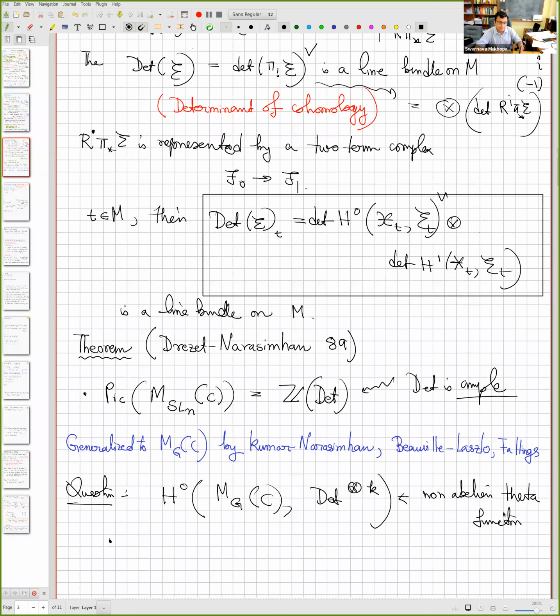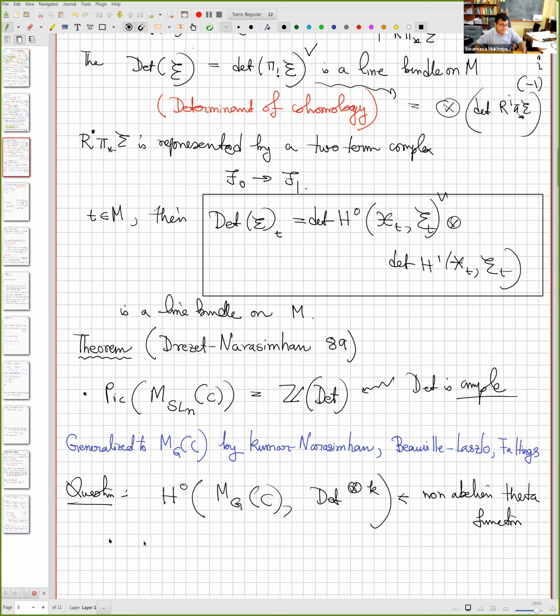Why are they called that? What does it have to do with theta functions? Because if G is C-star, then you just get the Picard group, and you are getting natural sections of line bundles on the Jacobian. Those are exactly the theta functions, and here we are doing it for the non-abelian case. So this should be thought of as a non-abelian generalization of the theta functions.